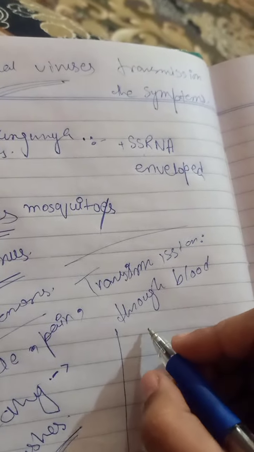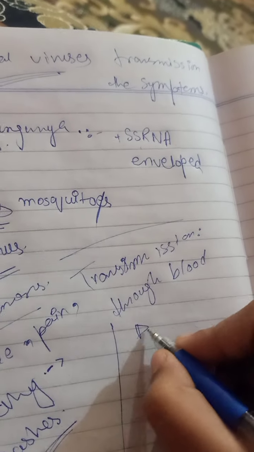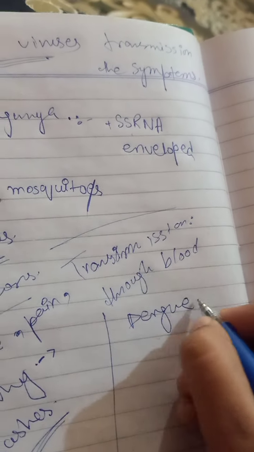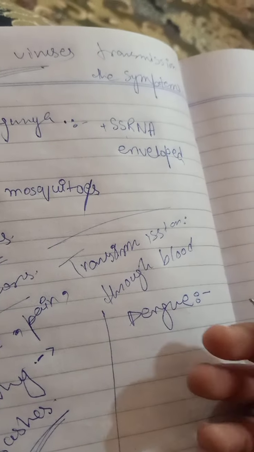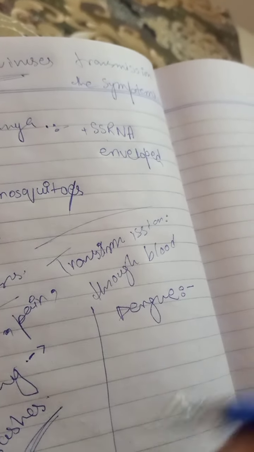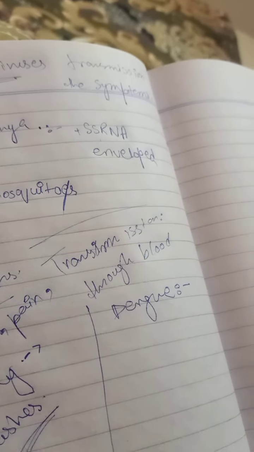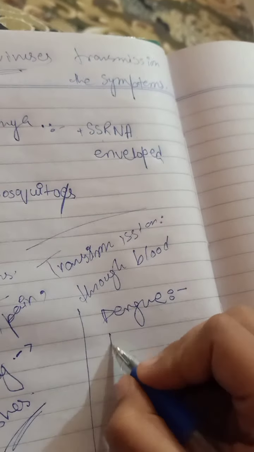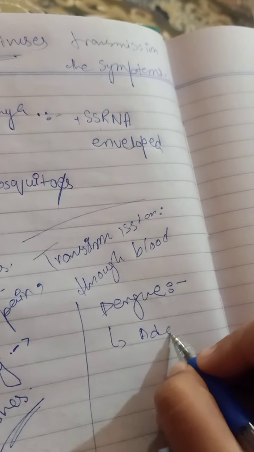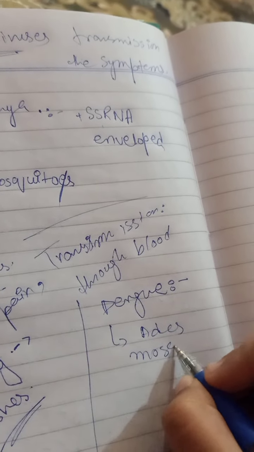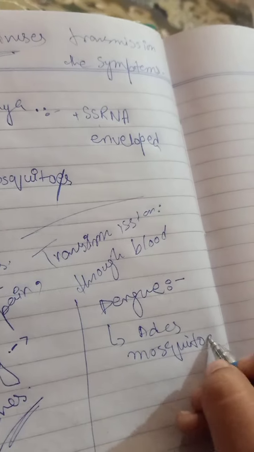The next virus is the dengue virus. What is dengue virus? Dengue virus is also a virus that you usually know about. This is also spreading out. The vector of this is also the Aedes mosquito, through which the virus spreads in everybody's body.